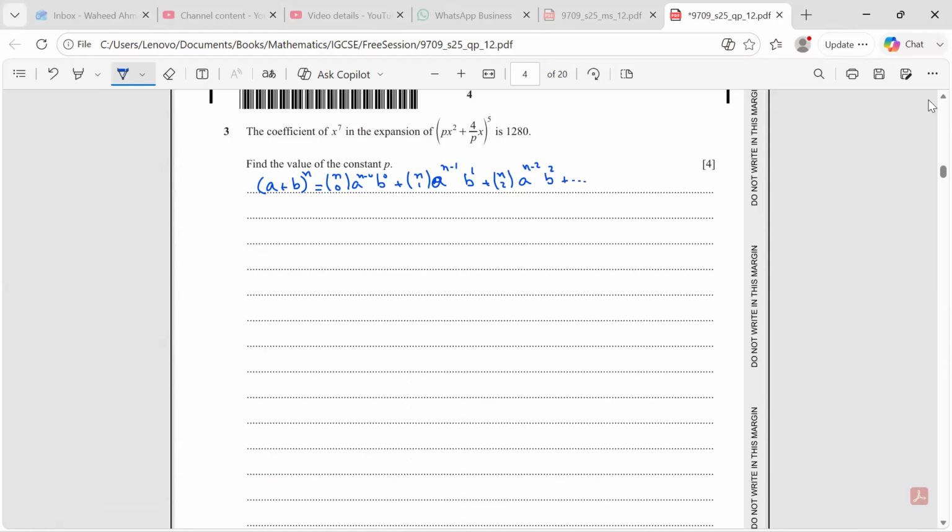The last term is nCn, which is basically 1, a^(n-n), which is 1, and b^n. So you can see that gradually a has power n and then n-1, it reduces, and b has power 0, then 1, 2, and b's power is increasing.